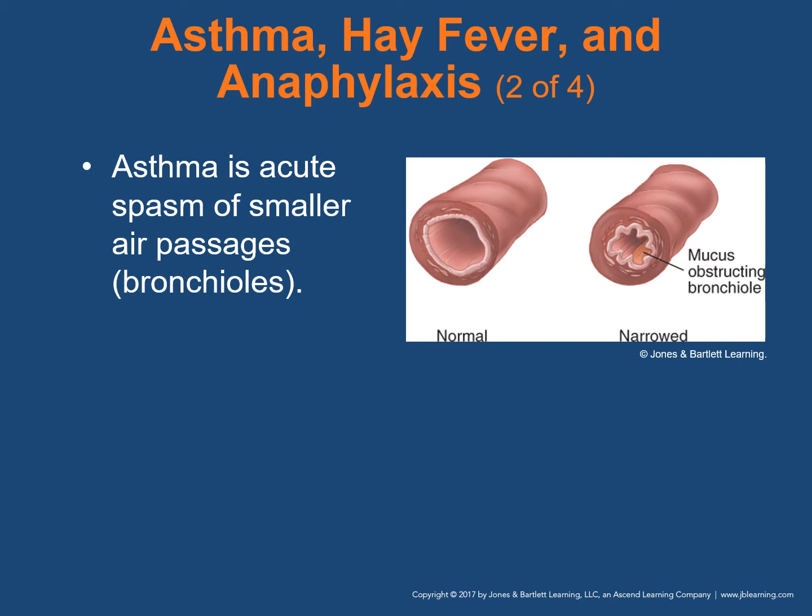Now, there's three things that are happening with an asthma attack. Number one, we have bronchoconstriction. Okay, so you have your bronchioles and they start to constrict. So the airway passage is smaller.